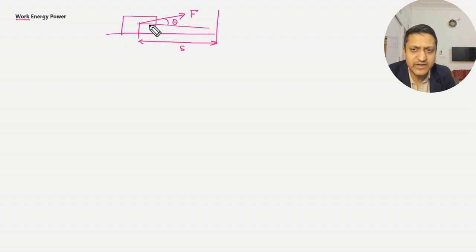So how much this object has moved. The basic formula is F vector dot S vector. Dot here is the dot product.